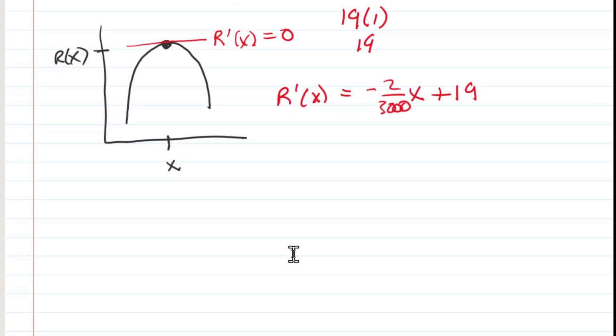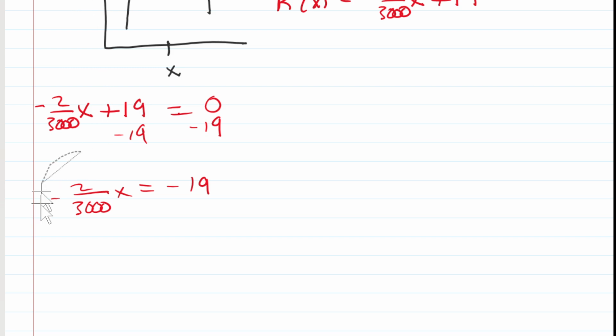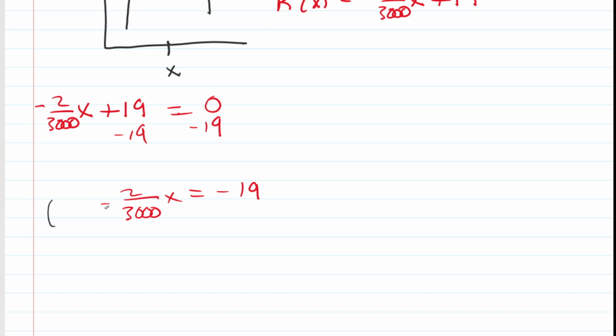And as shown in the graph, we're going to take our derivative and we're going to set it equal to 0. So let's kind of scoot down here so we have some room. We will set this equal to 0. Let's subtract 19 from both sides of the equation. And then to continue solving for x, we're going to multiply both sides of the equation by the reciprocal of that fraction.